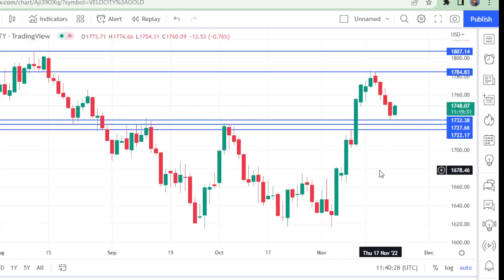Both of these, one is at 1727, the other is at 1722. So gold has three resistances. We don't have resistance here actually. We can say we can have resistance here also.